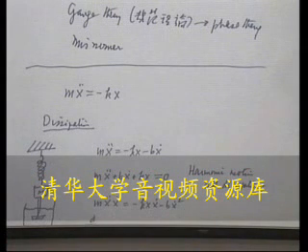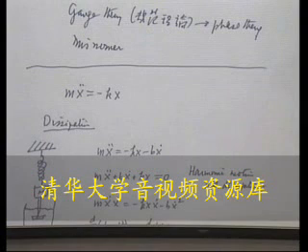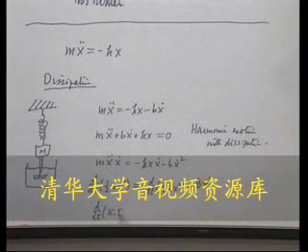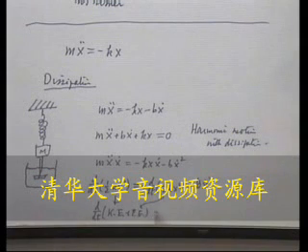But this is equal to d/dt of 1/2 m x dot squared, is equal to minus d/dt of 1/2 kx squared, minus b x dot squared. Or it is d/dt of the kinetic energy, that's this term, plus potential energy, that's this term, is equal to minus b x dot squared.